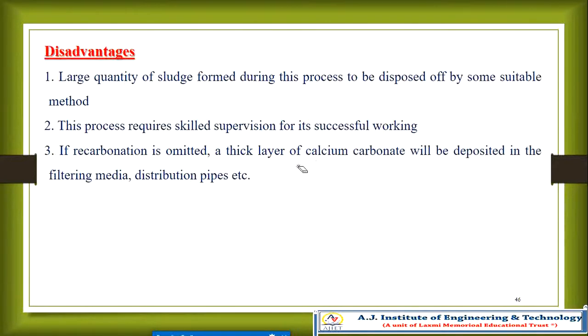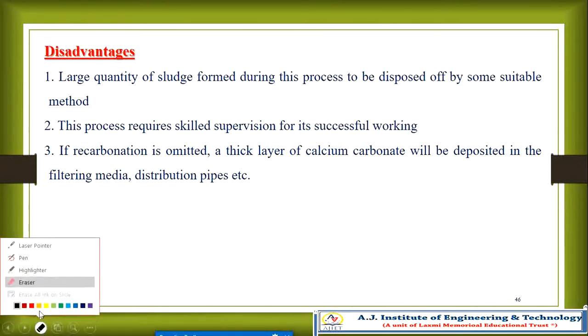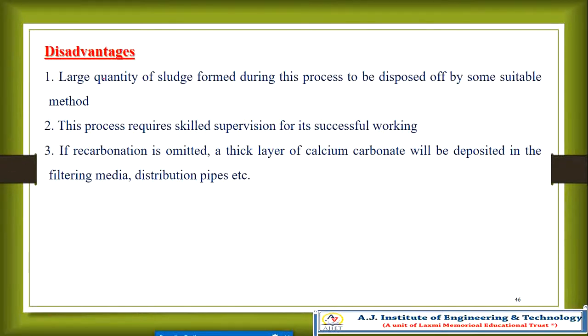Now if you concentrate on the disadvantages, one major criterion is the large quantity of sludge formed during this process, which has to be disposed of by some suitable method.